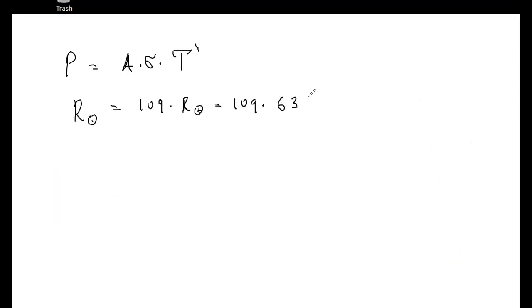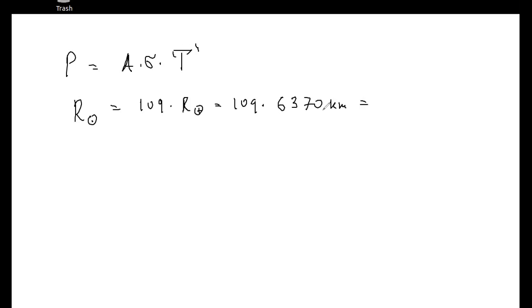Power, area, constant, temperature to the power 4. For area, I need the radius. Let's change it to meters. So help me: 109 Earth radii. What is the Earth's radius? It's basically 6,370 kilometers, something like this, yeah?